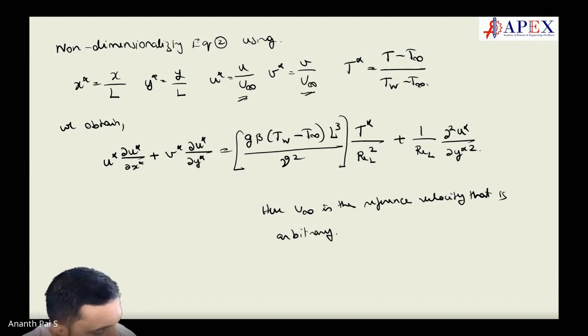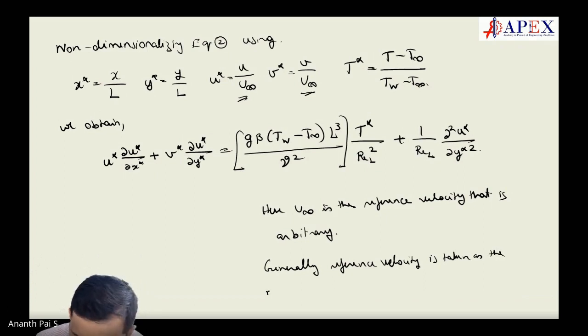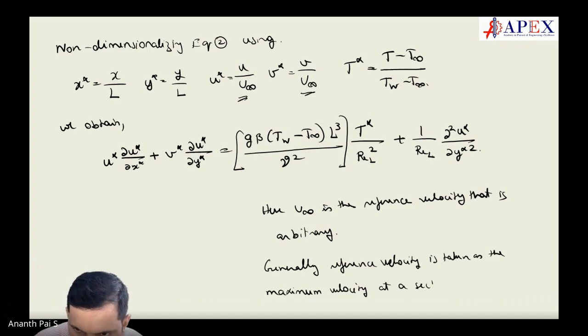Now generally the reference velocity is taken as the maximum velocity at a section, because it does not remain the same everywhere.